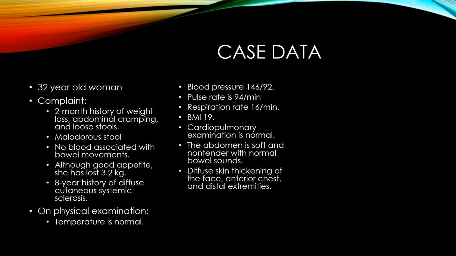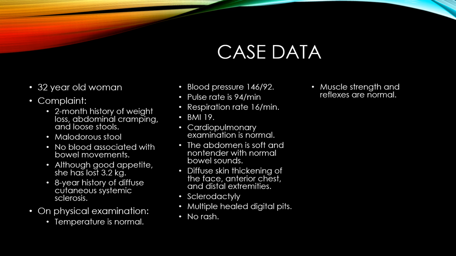The patient had diffuse skin thickening of the face, anterior chest, and distal extremities, with sclerodactyly and multiple healed digital pits, with no rash. Muscle strength and reflexes are normal.